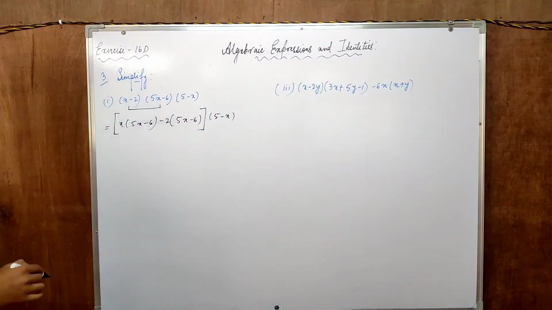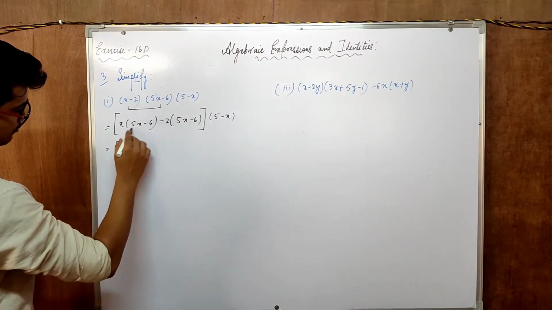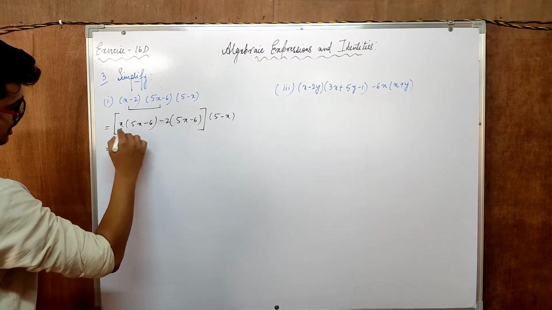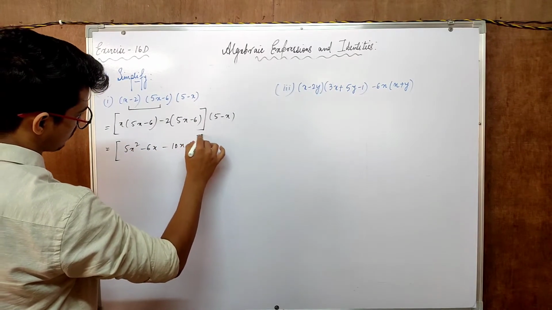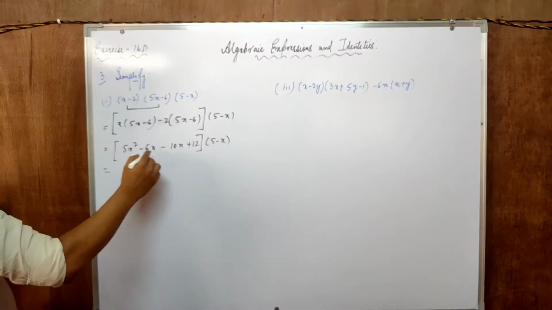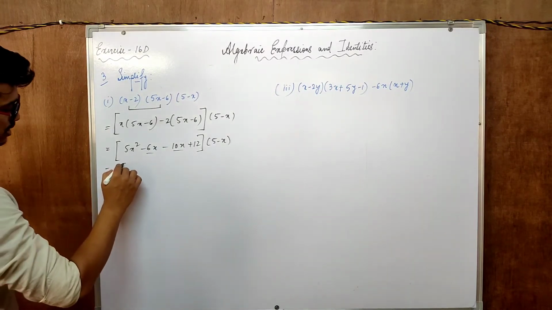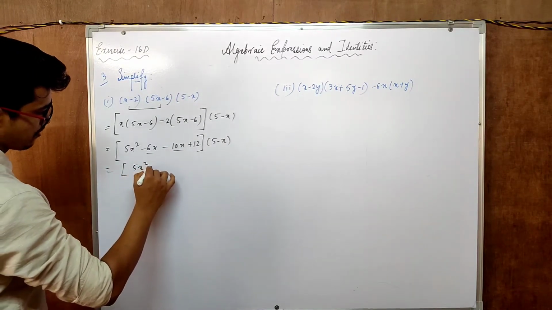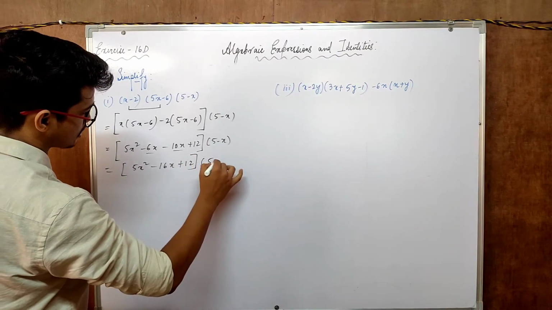After that, x will be multiplied with 5x and it will become 5x square. That way this is 6x, that is 10x, that is 12, and 5 minus x will remain the same. After that, is there any like term given? This 2 and this 2. So the final result will be 5x square minus 16x plus 12, bracket close, 5 minus x.